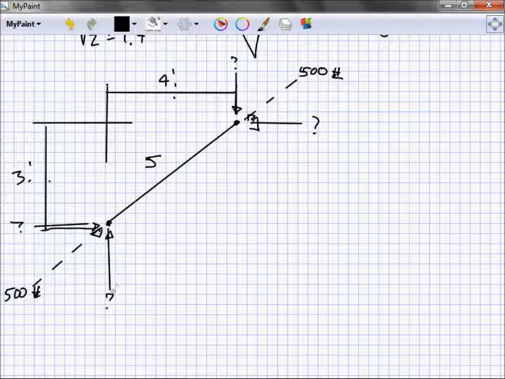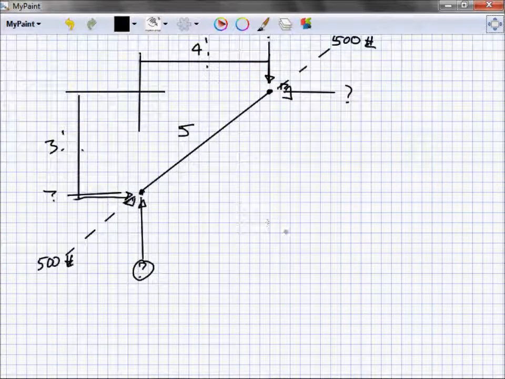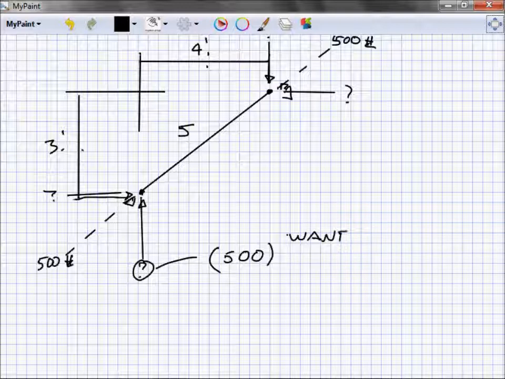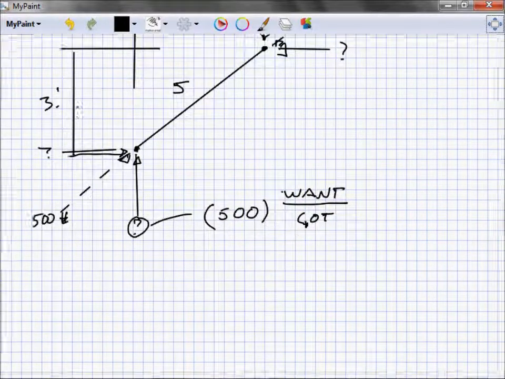Well, let's take this vertical one first. What does that equal? The little formula I'm going to give you is: this is going to equal the load that you got, which is 500 pounds, times what you want over what you got. So what do I mean by that?